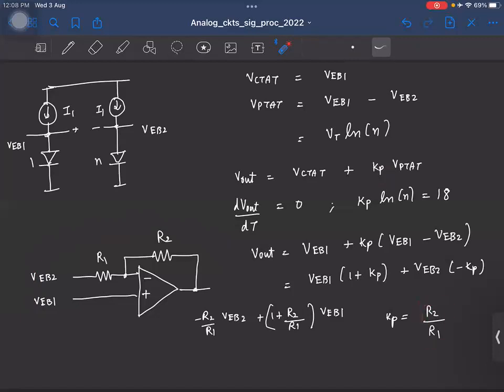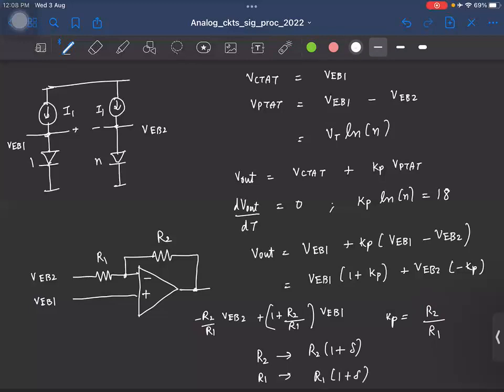Can you comment on whether this will be independent of temperature or will it depend on temperature? Why? Right? So some of you might know already. So I mean, the resistors themselves might have some temperature coefficient, but if you make them using the same kind of resistor, say R2 changes to R2 times 1 plus delta, R1 will also change by the same factor. So if you take the ratio, it's going to be constant.